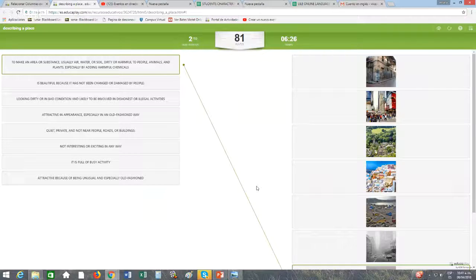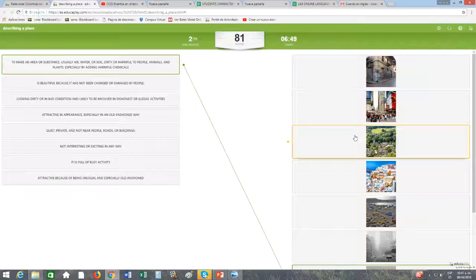Imagine something similar to that, like Nariño, for example. It's beautiful because it has not been changed or taken by people. Okay. What is the third picture?